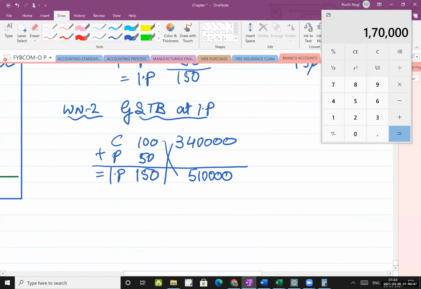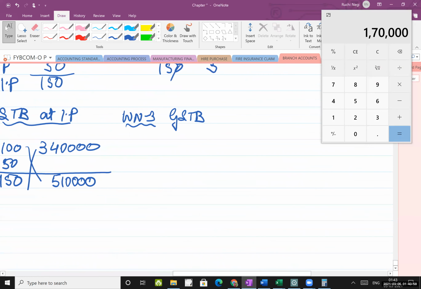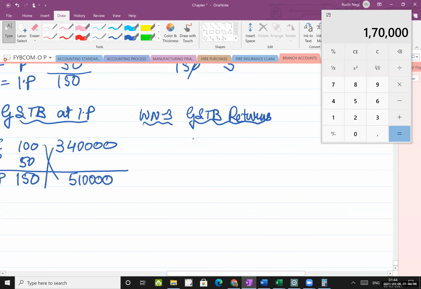Yes, working note number 3, GSTB returns. Okay, that also has to be worked out on invoice price. So C plus P equal to IP. This is 100, this is 50, so this is 150.